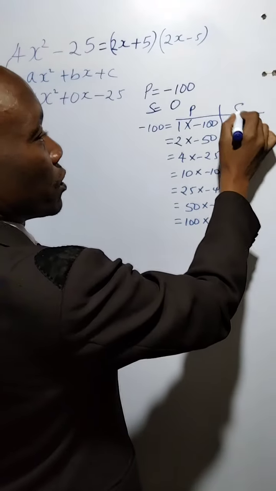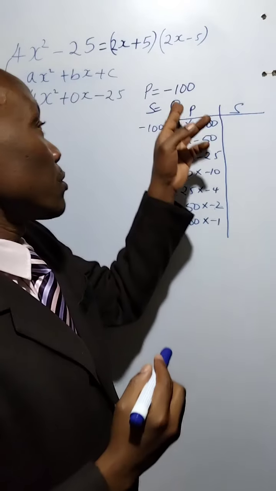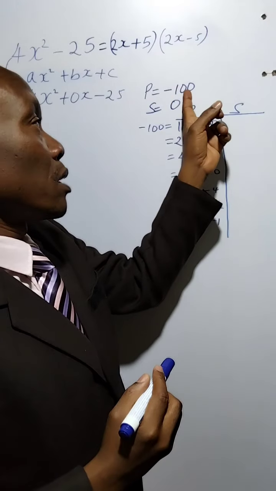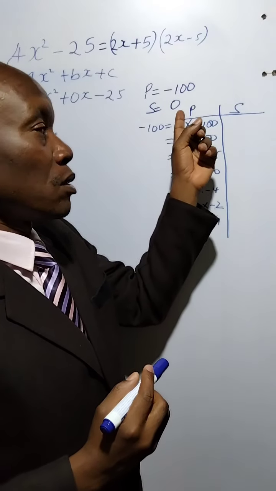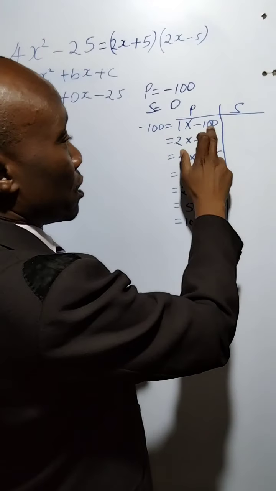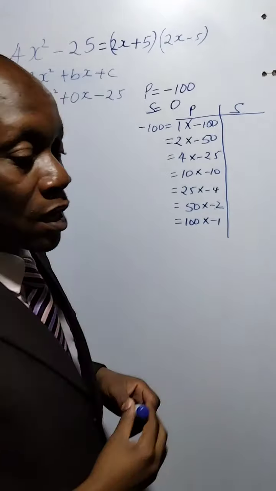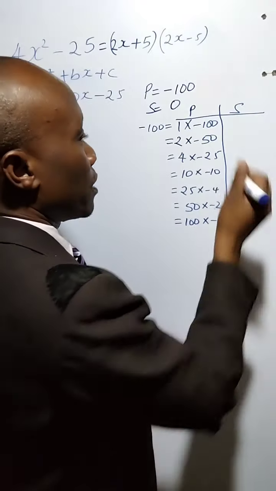But what happens when we add them? Because we need a pair of numbers which satisfy two conditions. When you multiply them, you get negative 100, but when you add them, you get 0. So which one meets that condition? Using the number line that we learned last time, when you add this one, you get negative 99.